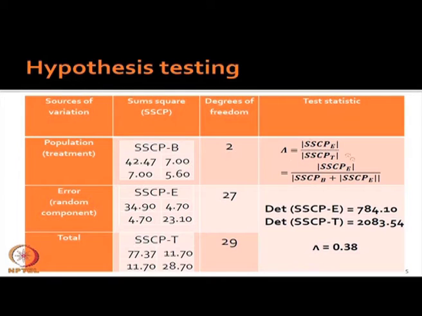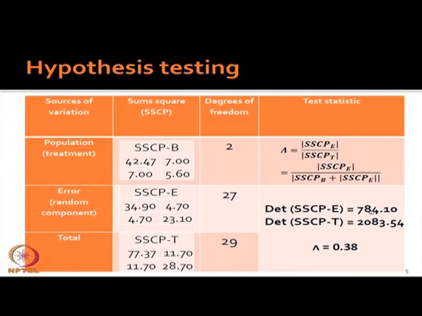Then the test statistic is lambda. If you compute the determinant of SSCP E, this one, 34 into 23.10 minus this square, you will be getting 784.10. In the total case, you will be getting 77.37 into 28. Okay.